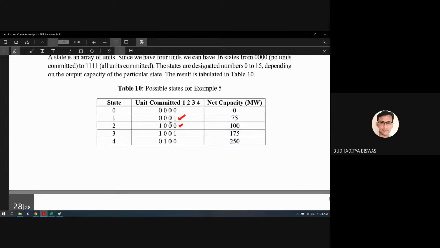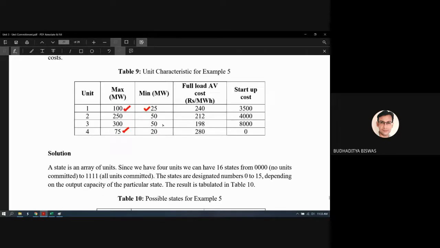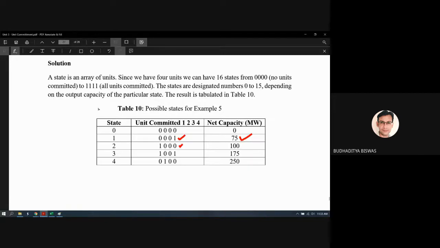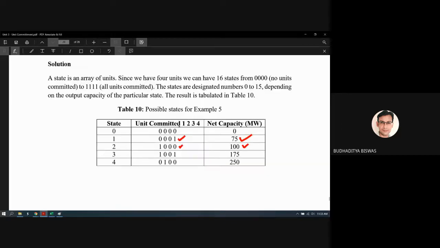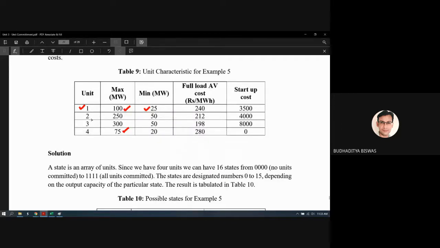If we commit this unit 4 only, then maximum we can generate 75 megawatt. After that 75, which one was coming? 100. So that means we should commit this one then. If we commit this one, 1000, then maximum we can generate 100 megawatt. After that, we add them together.